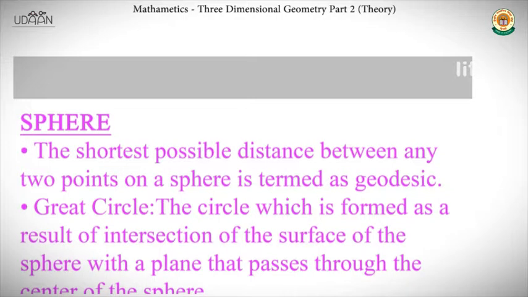So now we move on to the last topic of 3D geometry, that is sphere. Sphere is described in the JEE syllabus, and it also applies to daily life. We can apply various 3D problems on Earth, assuming Earth to be a perfect sphere.